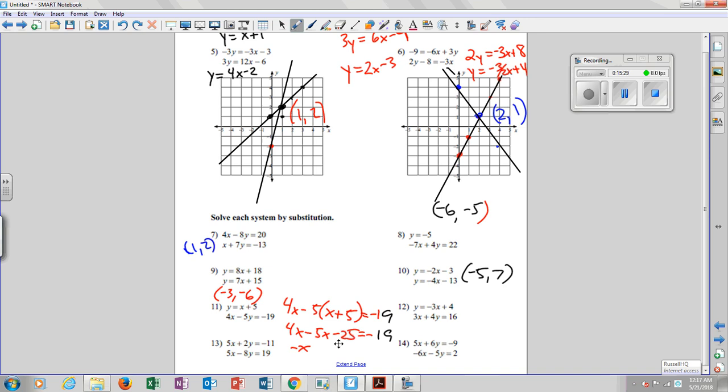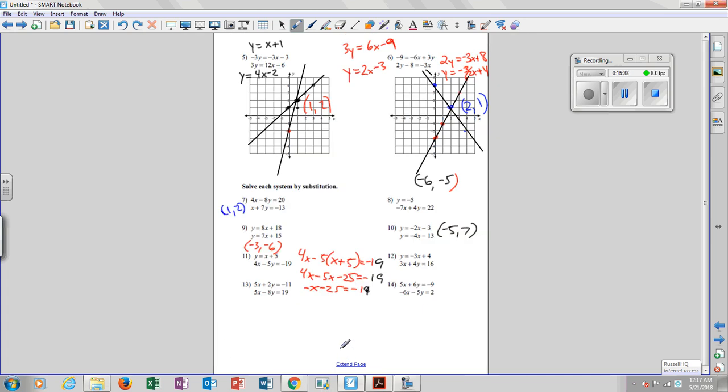Gives me negative x minus 25 equals negative 19. Add the 25 over, I get negative x equals 6, so x equals negative 6. Take that and plug it in for the x up here to find y. Negative 6 plus 5 is negative 1. That's negative 6, negative 1.